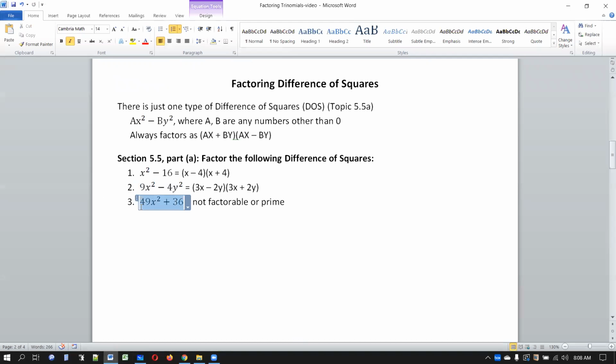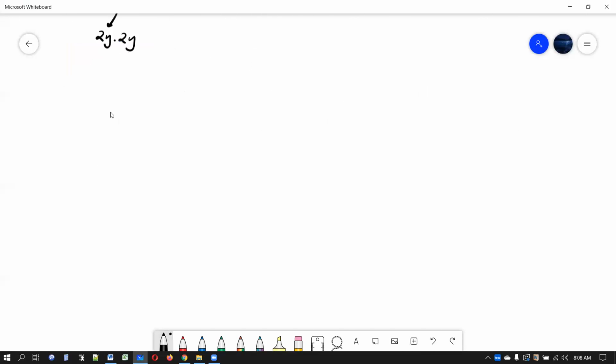Now, I want to show you this problem right here. This is an important problem. So again, let's scroll up. We are going to try to factor it again. And let me just write it here. 49x squared plus 36.